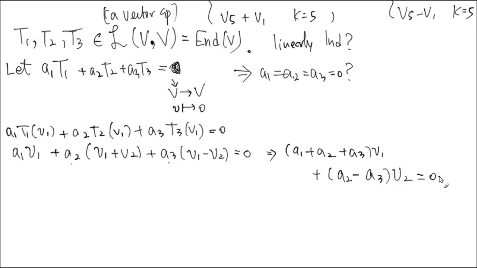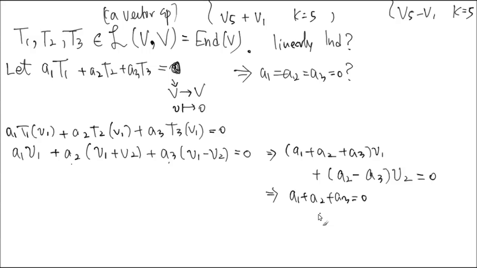Okay. So what can you say from here? V1 and V2, they are linearly independent. Why is that? Because V1 through V5 is linearly independent. Any subset will be linearly independent. So what conclusion do we have? A1, A2, A3 is 0.